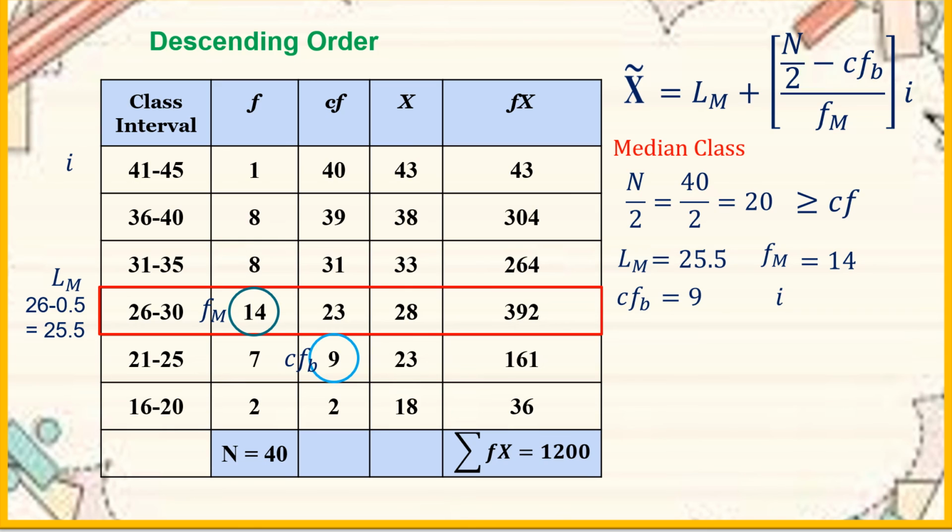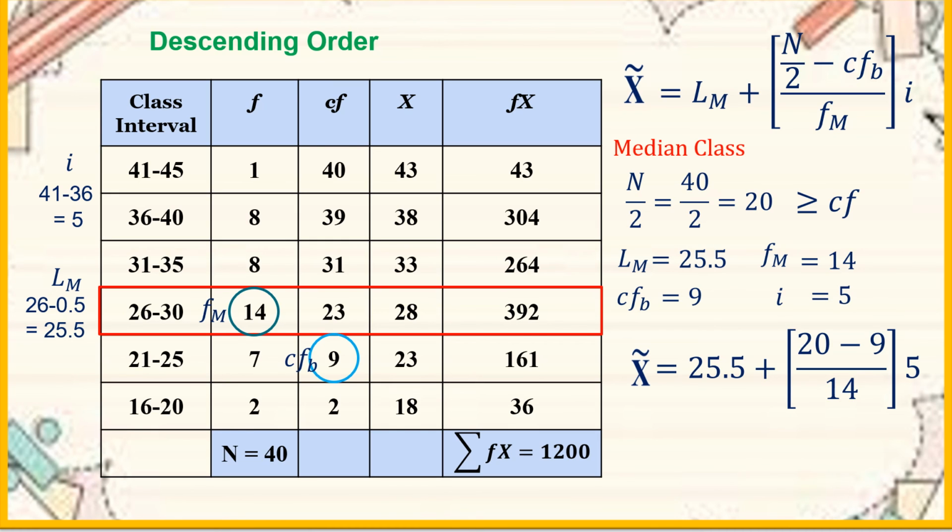Then the class size. To determine the class size, we are going to subtract 41 minus 36, which is equal to 5, or any two class intervals subtracting the lower limits or the upper limits. So it is equal to 5. And then we are going to substitute all the values that we have.